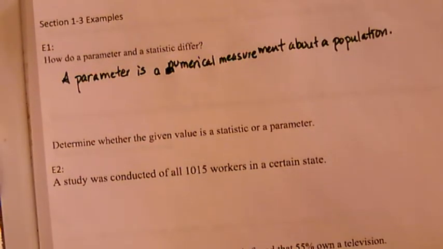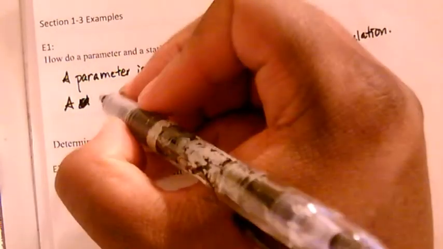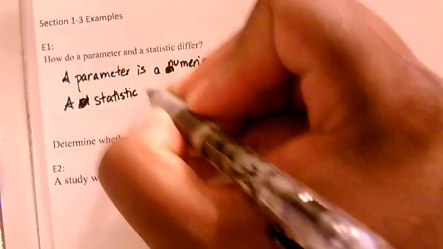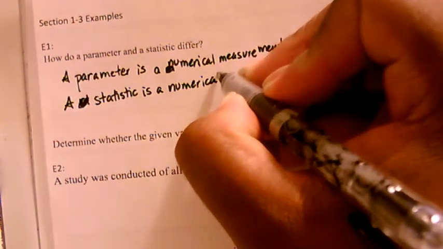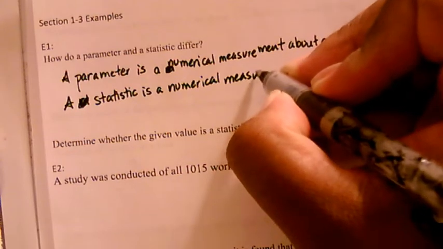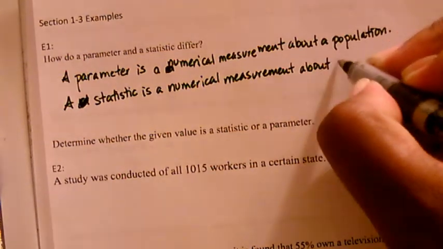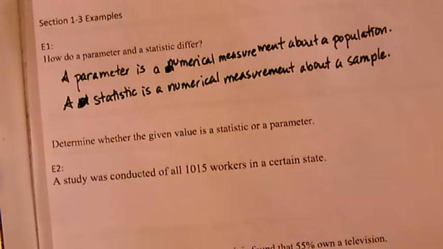Whereas a statistic is a numerical measurement about a sample. That's the difference between those two terms.